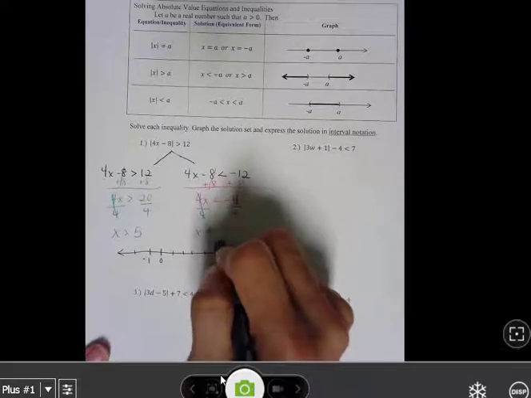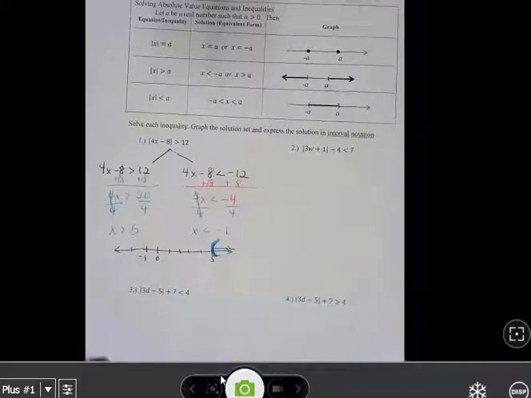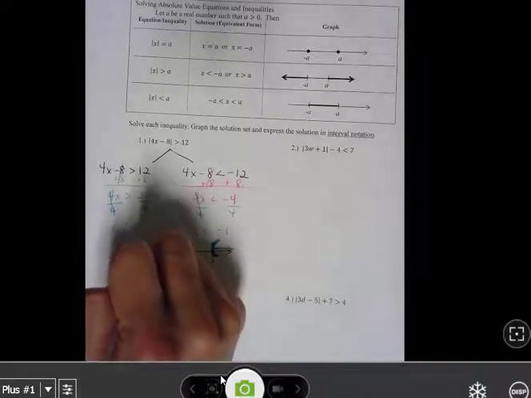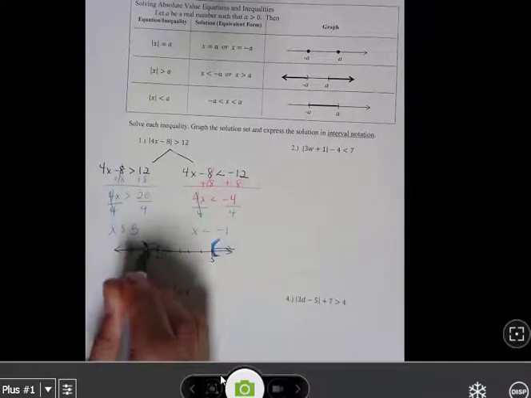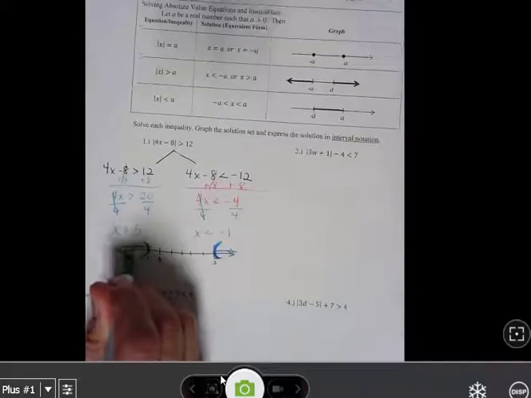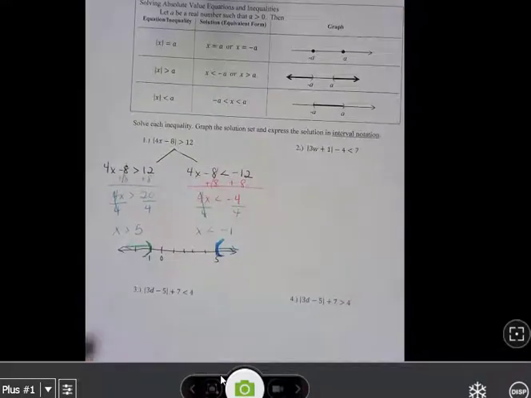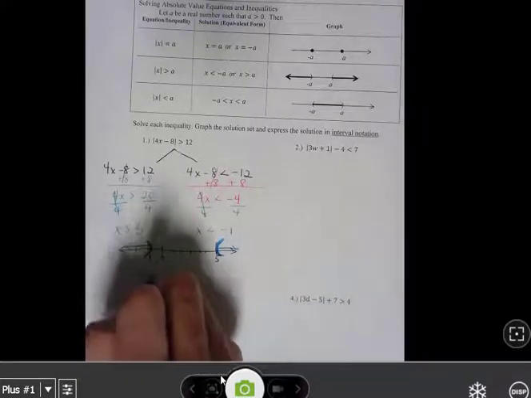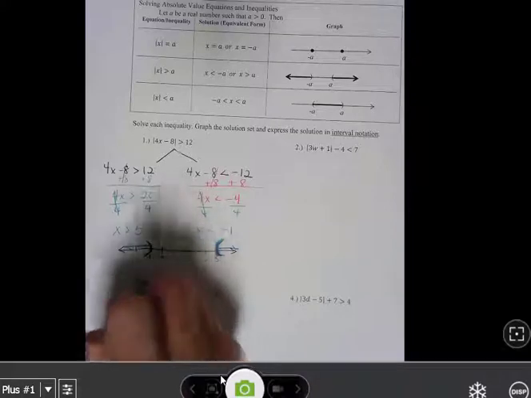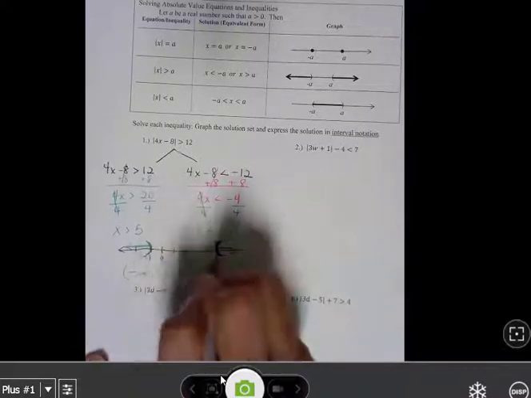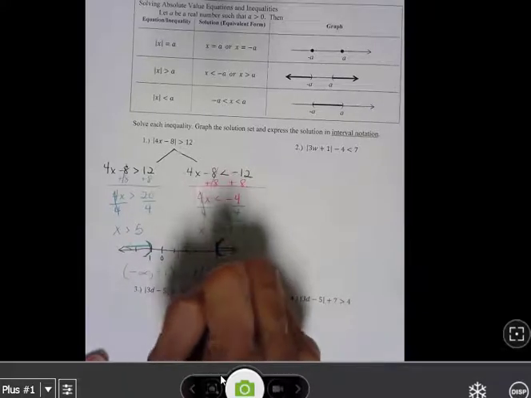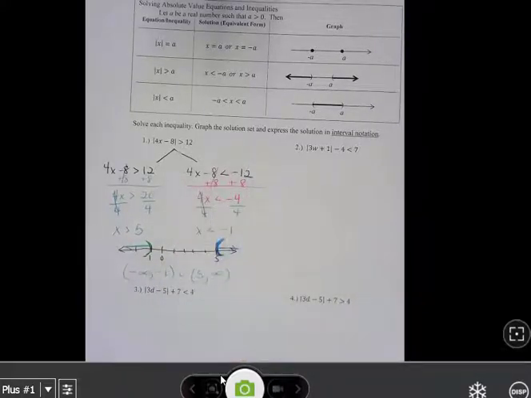Then x is less than negative 1, so we'll have our parenthesis here. Then we'll put that into interval notation. On this side, we have negative infinity to negative 1, both exclusive, and on this side, we have 5 to infinity as the second endpoint.